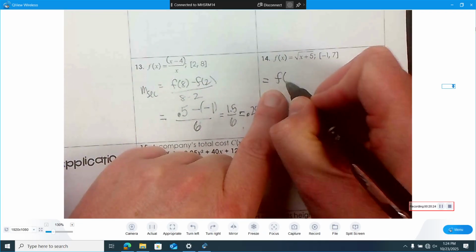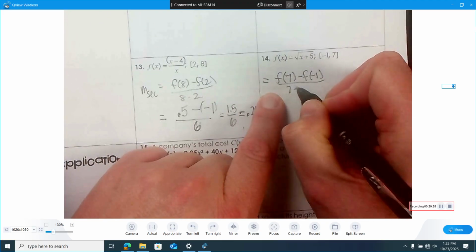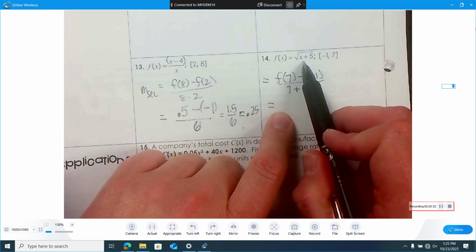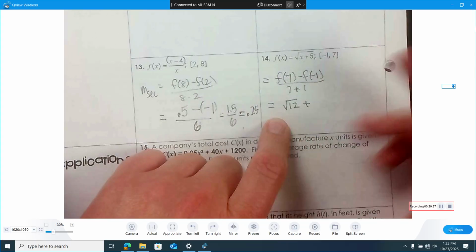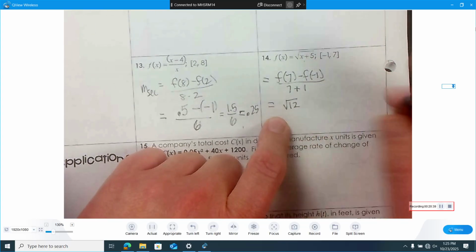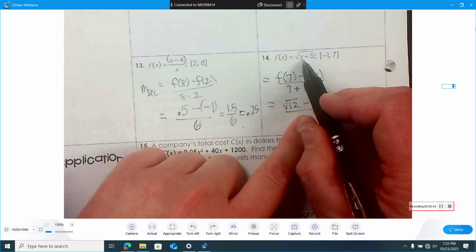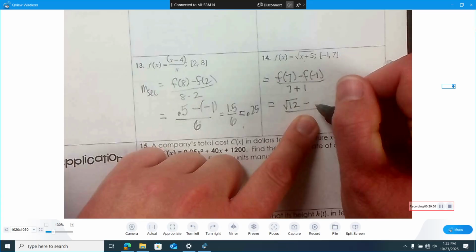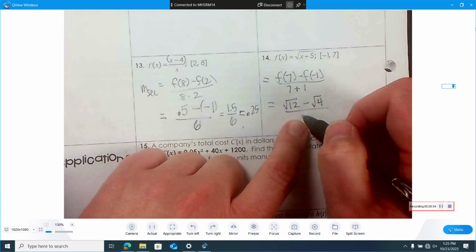So I'm doing f of 7 minus f of -1 over 7 minus -1. This one's actually not too bad to plug in. If I plug in a 7, that's just the square root of 12. And then if I plug in a -1, we'll get there eventually. So square root of 4, and the denominator is 8.